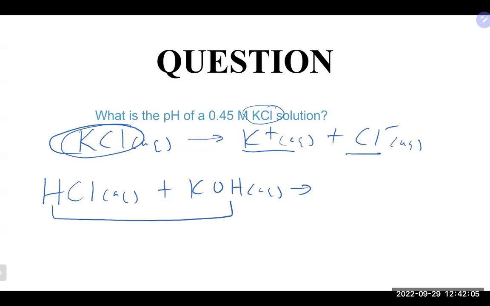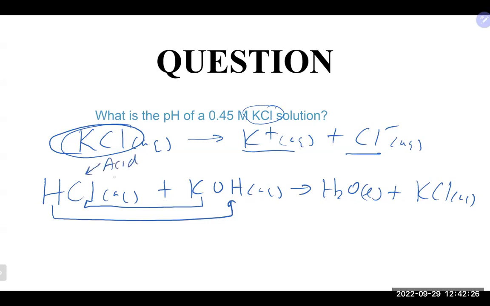The H would come over here, the K would come over here, and we would produce water and KCl, right? That means this acid, hydrochloric acid, is strong or weak? It is a strong acid.